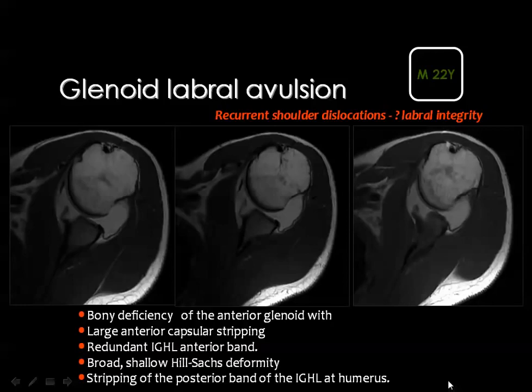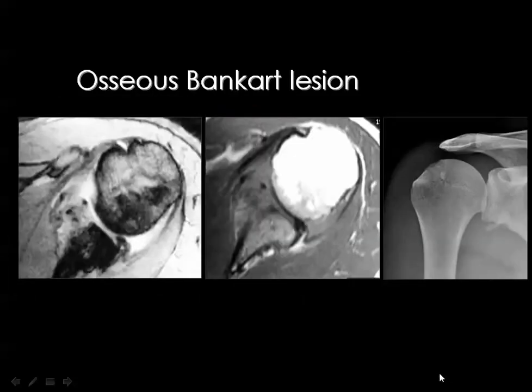One of the associated injuries with Bankart is what is known as the Hill-Sachs deformity, and this is a groove or defect in the posterolateral aspect of the superior part of the humeral head, and I will explain its cause.